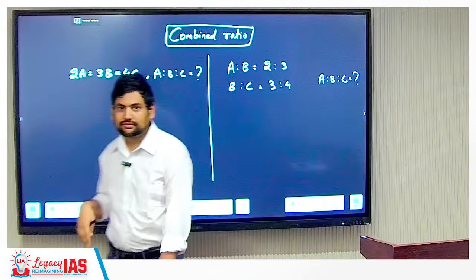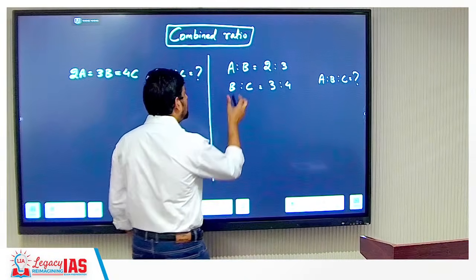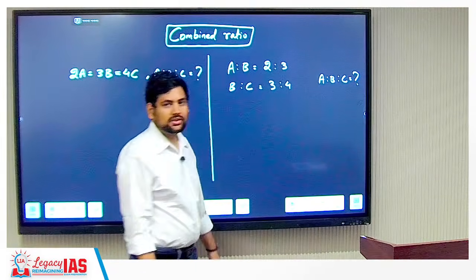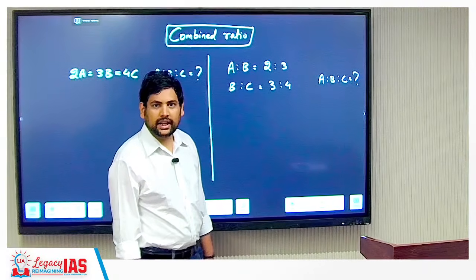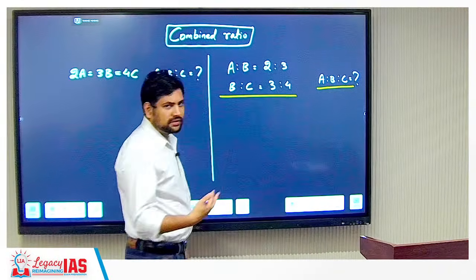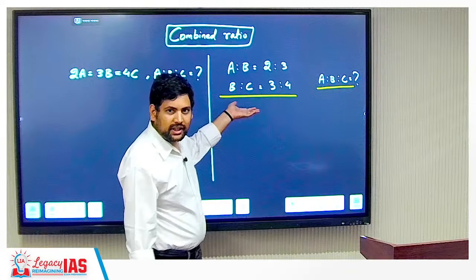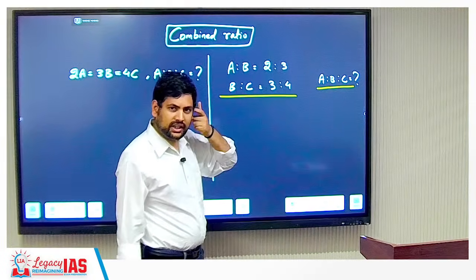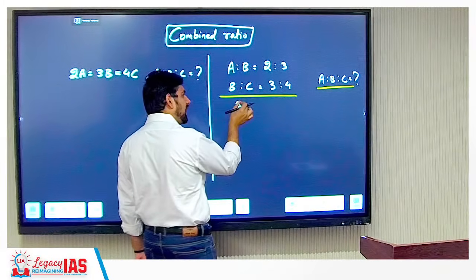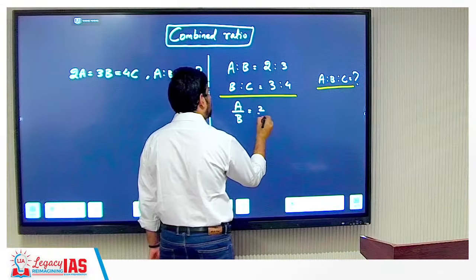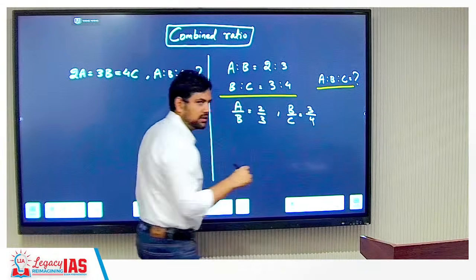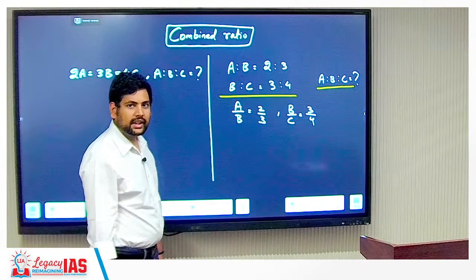For example, it is given to you A ratio B is this, B ratio C is this, then you have to find the combined ratio of A, B and C. A normal way can be that you write A ratio B as A by B is equal to 2/3. Similarly, B by C is equal to 3/4.